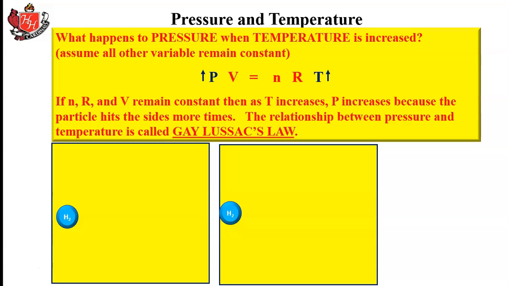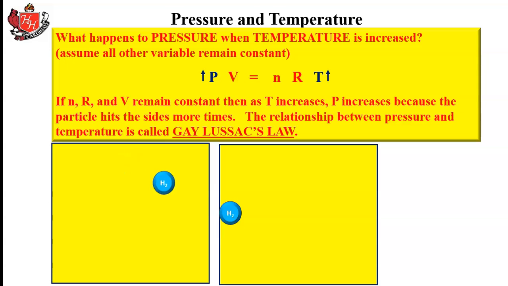All right, now we're going to compare pressure and temperature. What happens to pressure when temperature is increased, assuming everything else remains constant? Well, if you just look at the equation, you'll see that as T goes up, if you want the equation to remain in balance, then P on the other side of the equal sign has to also go up.